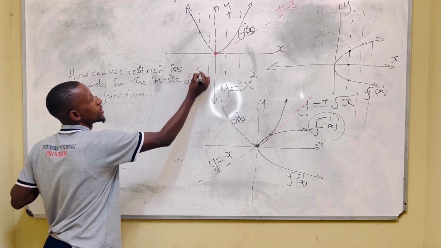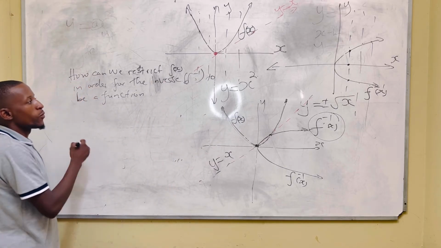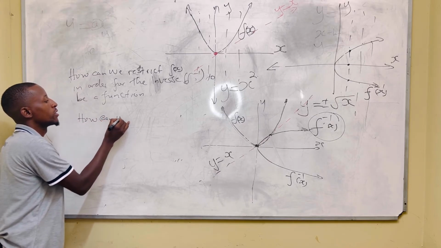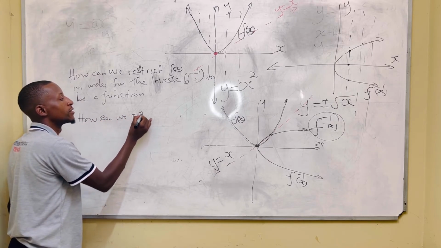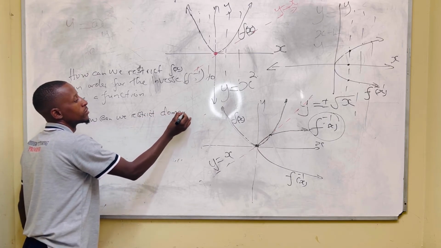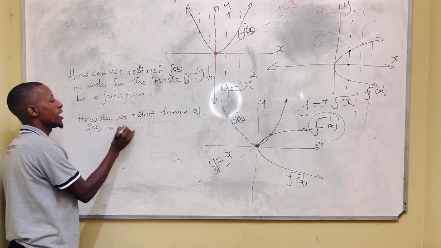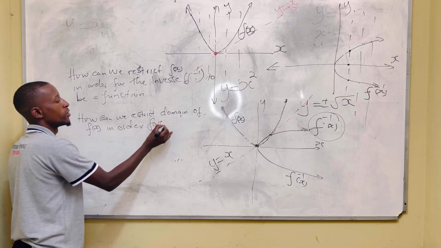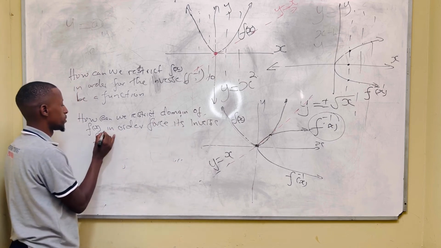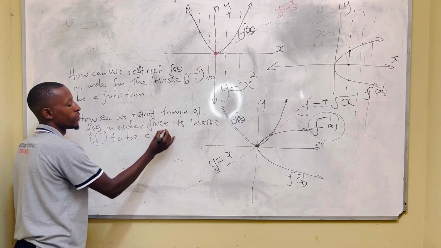What can we do to f of x so that its inverse becomes a function? So another way of asking it is, how can we restrict the domain of f of x in order for its inverse to be a function?